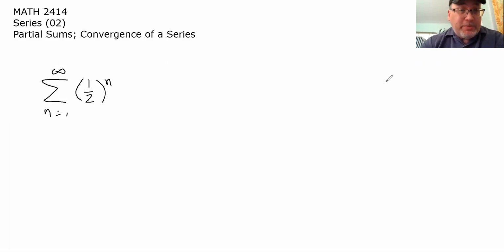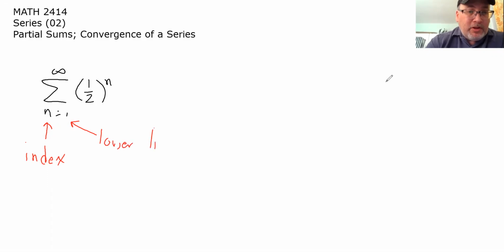Now, before we get into this problem, I want to introduce a little bit of vocabulary. The variable used in the limits of a sum is called the index. The value that the index begins at is called the lower limit.